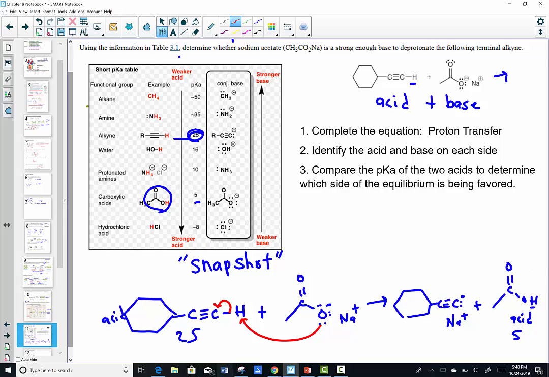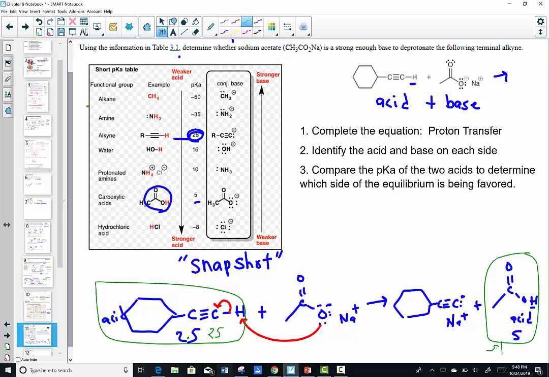Find the two acids. When you locate the two acids, look up their pKa values. This one was 25, this one was plain old 5.